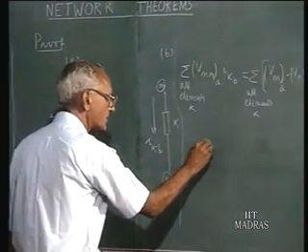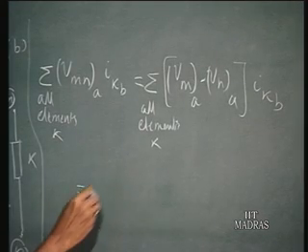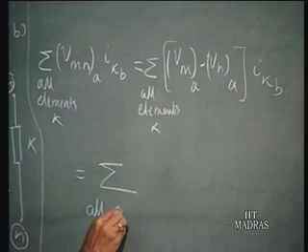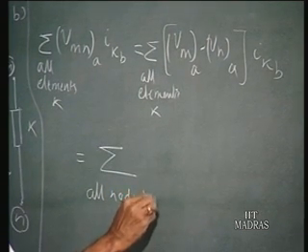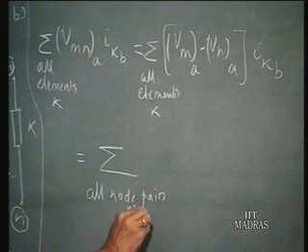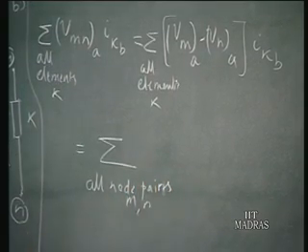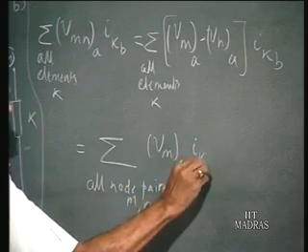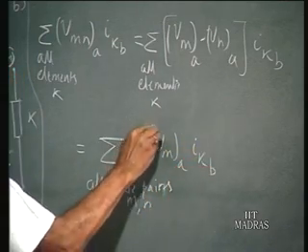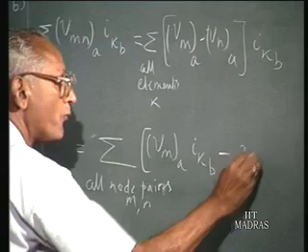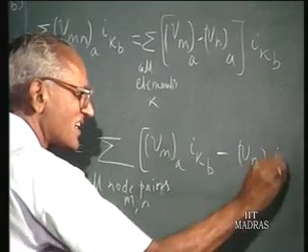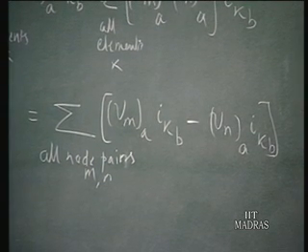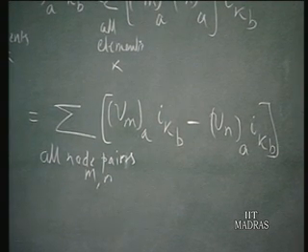Now this can further be written as a sum over all node pairs mn of Vm A times Ikb minus Vn A times Ikb. So after all, I have expanded that and put Vm A times Ikb minus Vn A times Ikb.